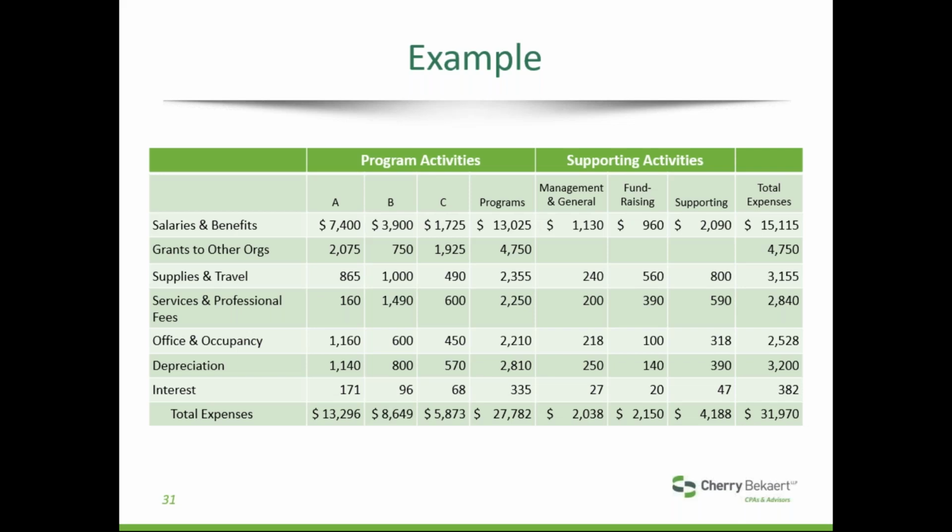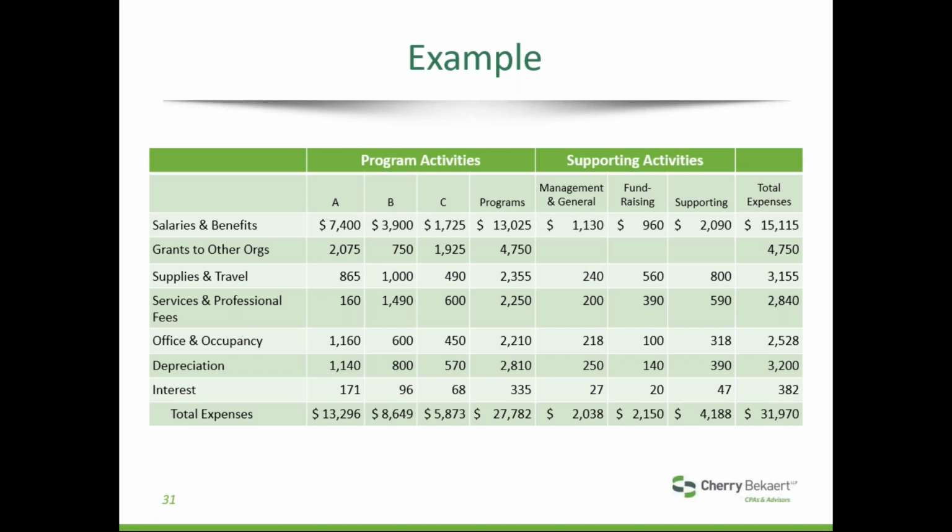One thing I would like to share with you, keep in mind that your policy note disclosures to your financial statements need to include a qualitative description of the methods used to allocate costs among program and support functions. For instance, some organizations allocate depreciation to the different functional expenses based on square footage of space used by the departments supporting those functions.